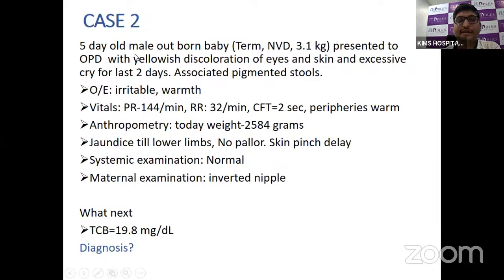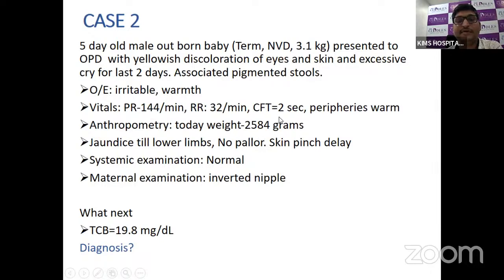So it's a 5-day-old male child, born by normal vaginal delivery with a birth weight of 3.1 kg, presented to OPD with yellowish discoloration of eyes and skin and excessive cry for the last 2 days. Stools are pigmented. Otherwise, the child is irritable, with vitals within normal range.